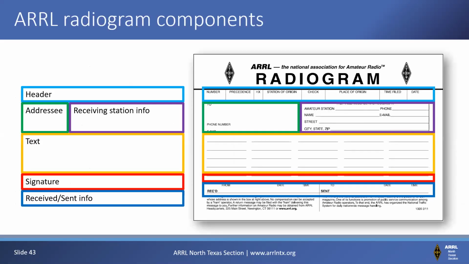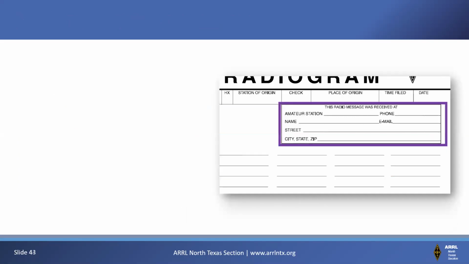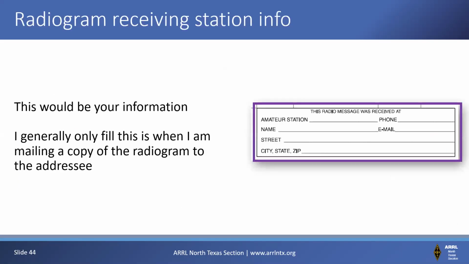That's the addressee part. If you have questions on that, throw them in the chat. We'll go into this receiving station info part. This is really easy. The only time I ever fill this out is if I'm dropping the radiogram in the mail. This is your station information, and it can be helpful if you're putting it in the mail and you want that person to know how to get a hold of you if they have any questions.